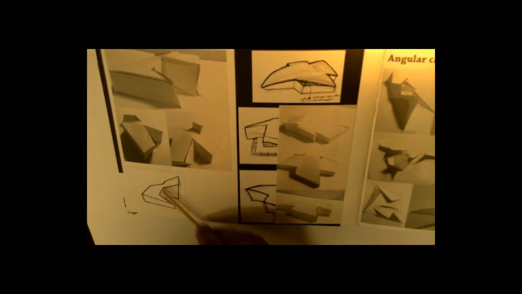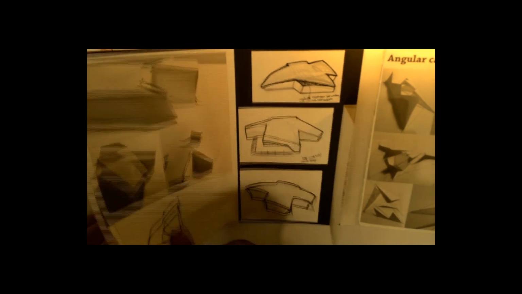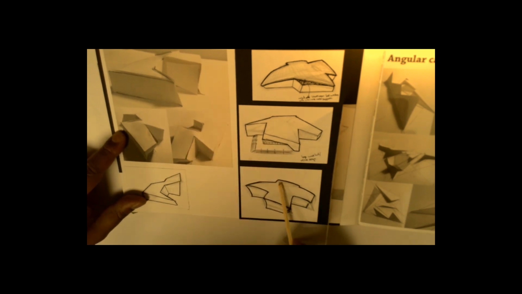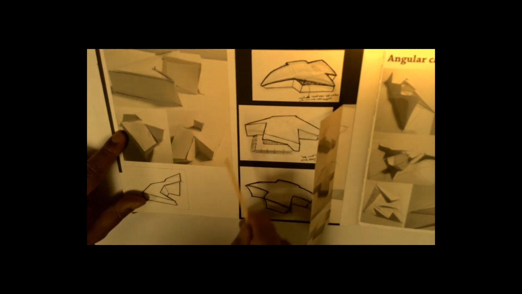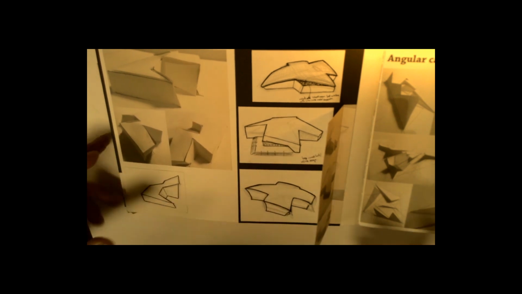You could again get them to draw those ideas in 3D. So we're taking those very early starting points and we've come up with an idea, and then they're becoming 3D.